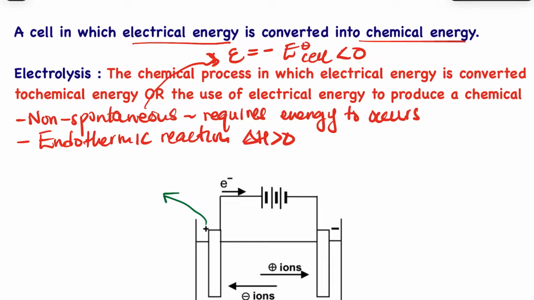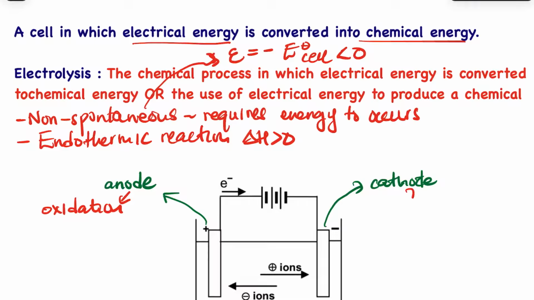The positive electrode here is the anode. The anode here is positive, and it's where oxidation takes place, right? And then here we have a negative electrode, which we call the cathode, and the cathode is where the reduction takes place, right?